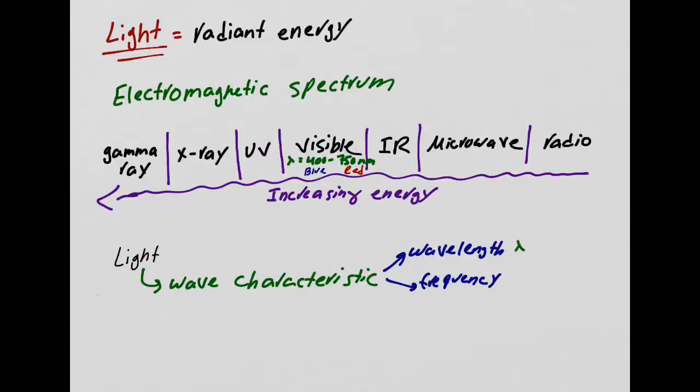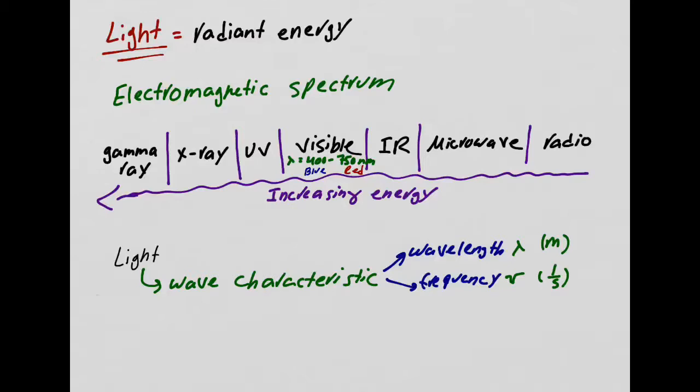Wavelength is lambda, okay? And this is the symbol for frequency. The unit for wavelength is meters, and the frequency is 1/s. Okay? So far so good. So light has a wave characteristic, which means it has a wavelength and it has a frequency. Okay. Now I want you to already understand wavelength and frequency before we move on.